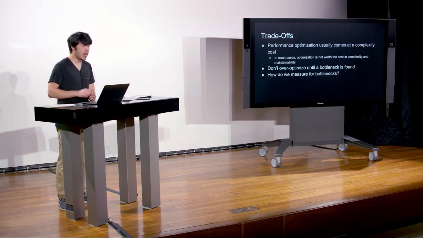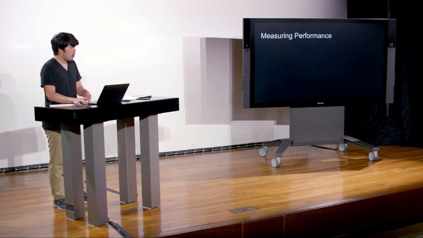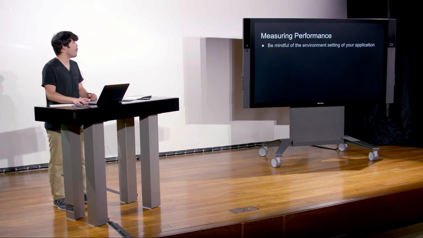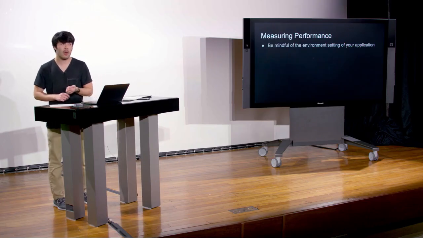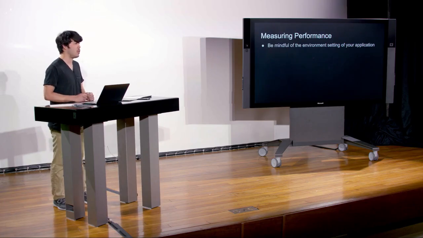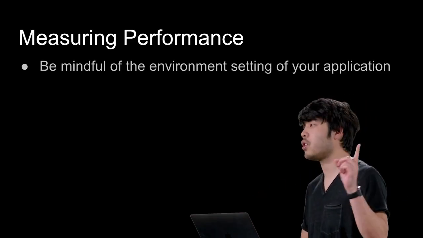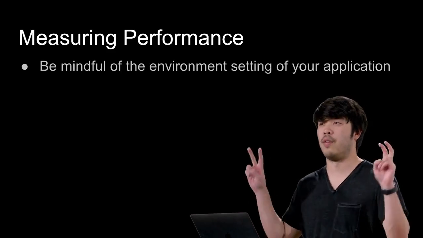And so how do we actually measure for these things called bottlenecks? Well, there's a few things actually built in. First, we need to remember what environment we are running our application in. There are actually two different environments built into Node or our bundler. One is production, and one is non-production, or what most people consider development mode.